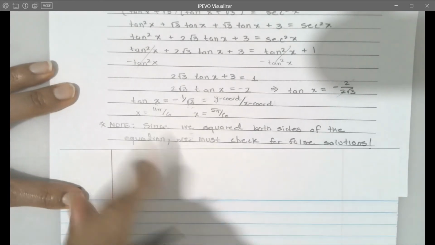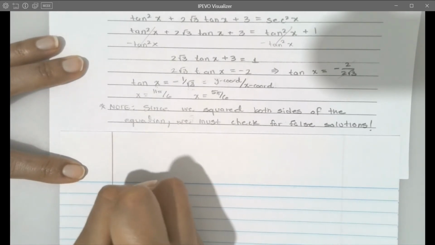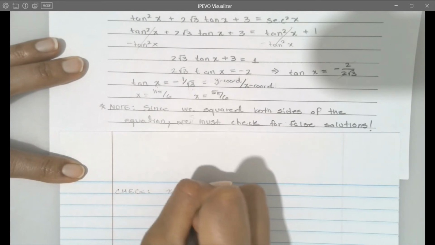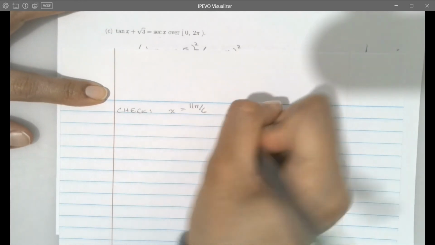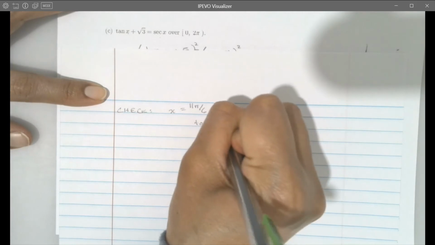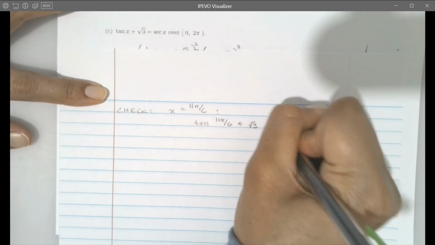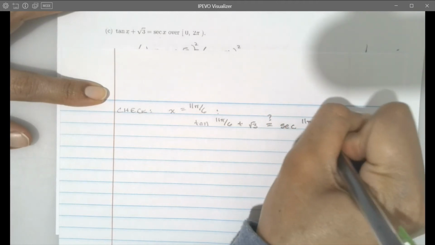But let's start by checking the first solution, 11 pi over 6. Okay, so the original equation is tangent of x plus the square root of 3 equals secant of x. That means that we're going to replace x with 11 pi over 6. Is it true that tangent of 11 pi over 6 plus the square root of 3 will equal secant of 11 pi over 6?